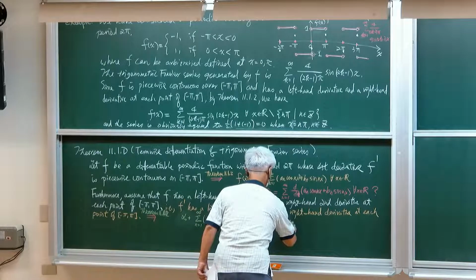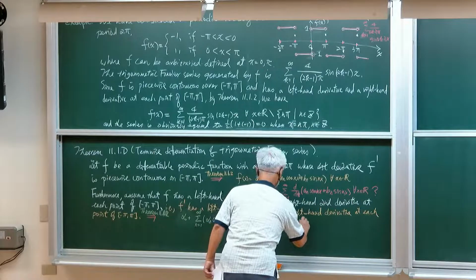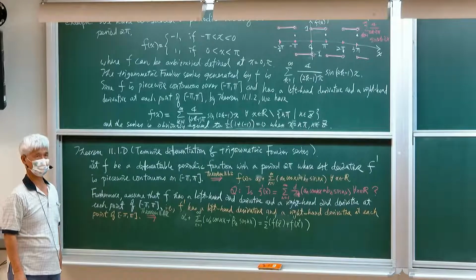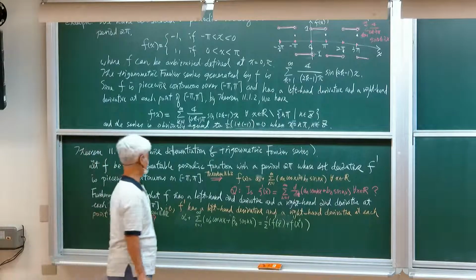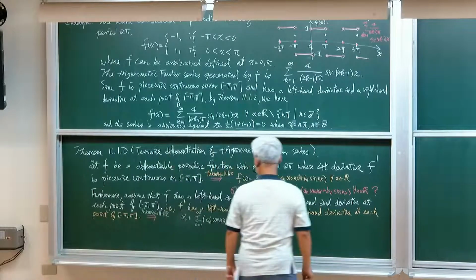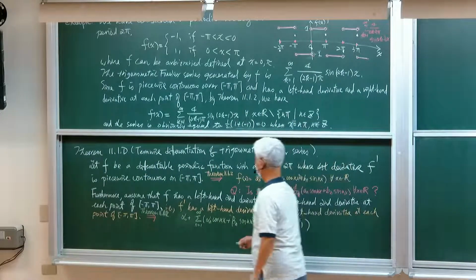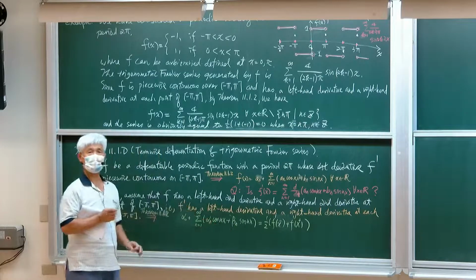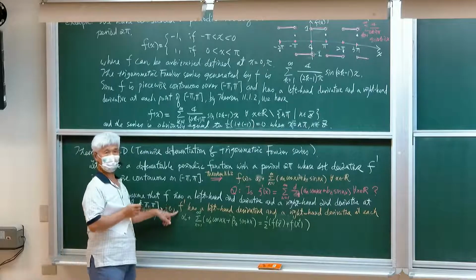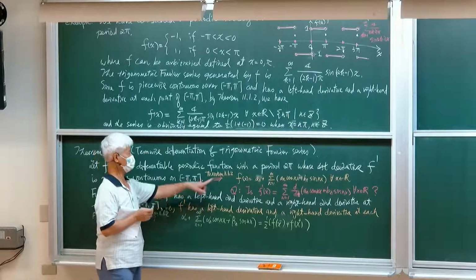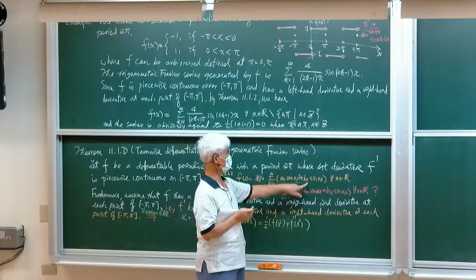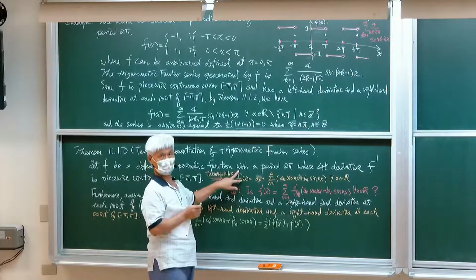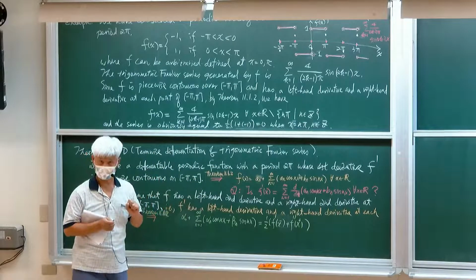And I know that the coefficients alpha 0, alpha n, beta n should be computed from the original periodic function f itself, by using the Euler formula.